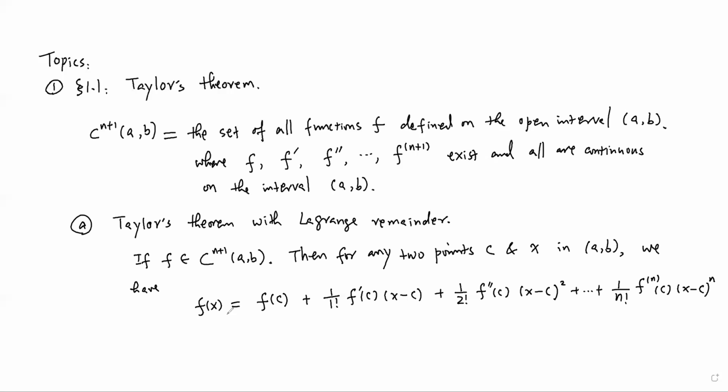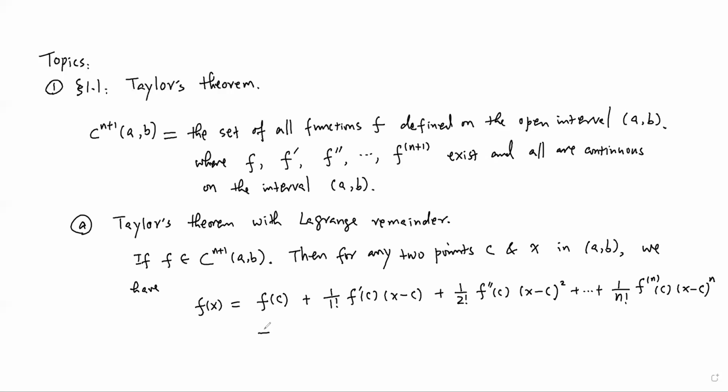This equation, left-hand side is a general function. The right-hand side is a polynomial. They don't equal. So we need to add an error term to make this equation true.